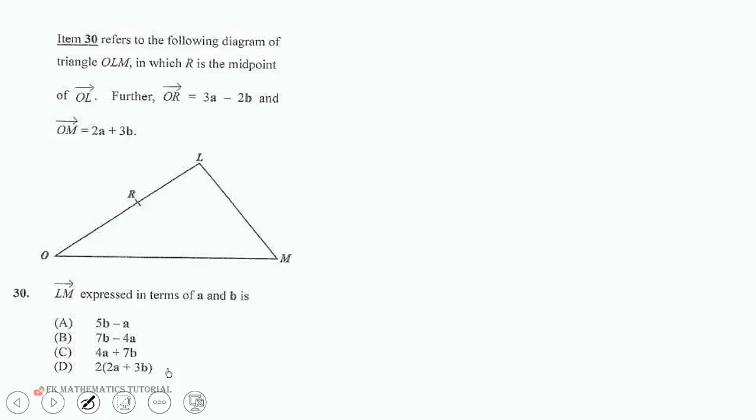Item 30 refers to the following diagram of triangle OLM, in which R is the midpoint of OL. Vector OR is 3A minus 2B. OM is 2A plus 3B.